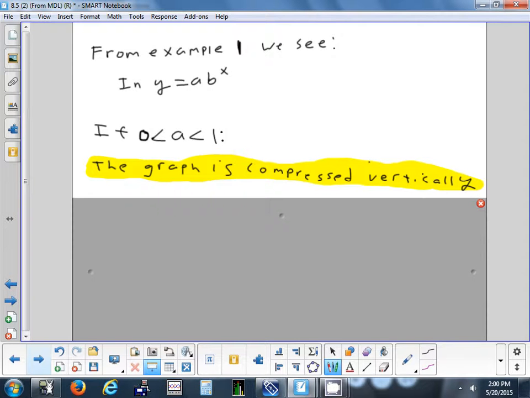You should have a spot on your note sheet for that. Right at the bottom, right above the box, it says exponential growth. If the number in front is between 0 and 1, what happens is the graph is compressed instead of stretched.